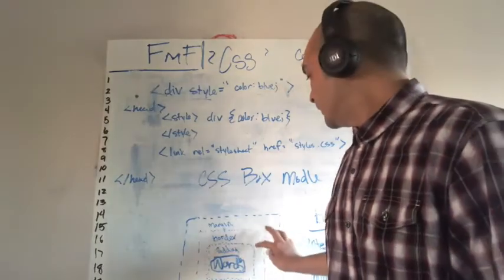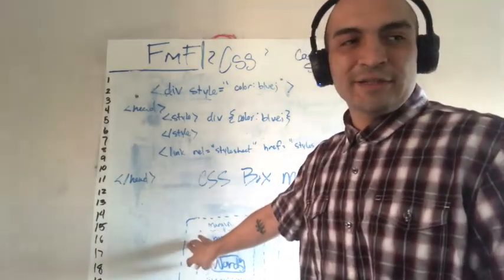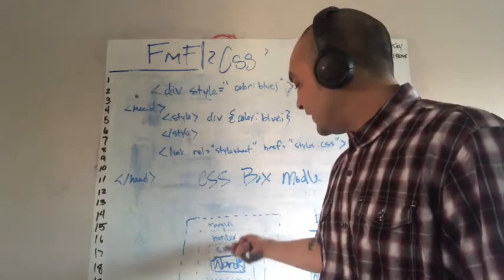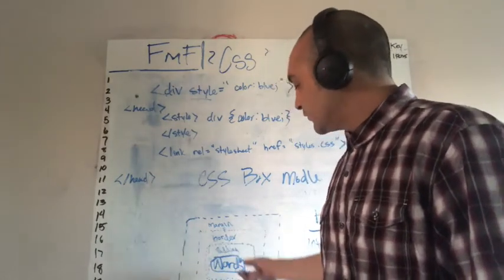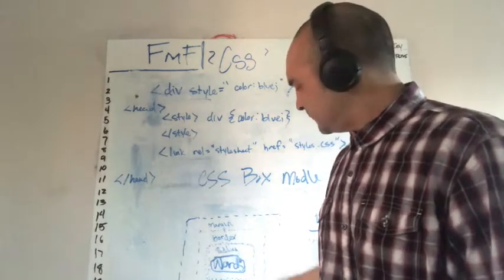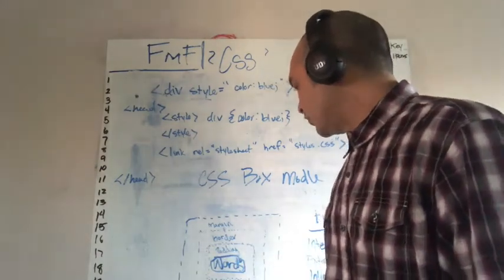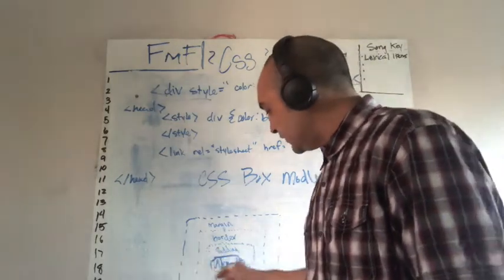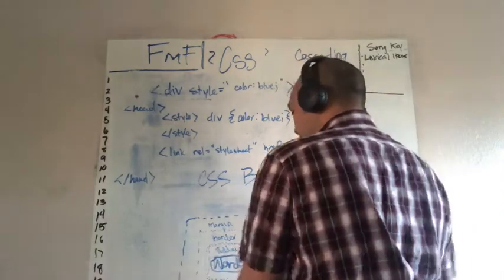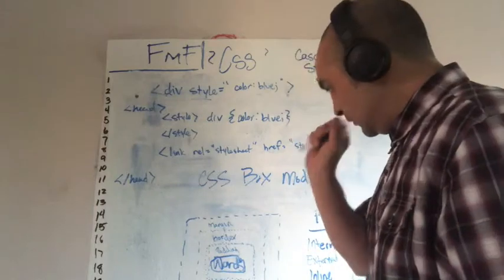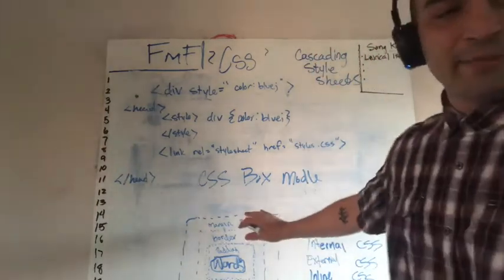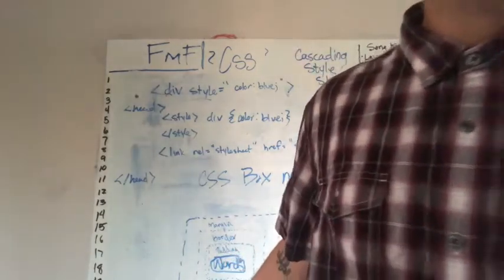The margin goes all the way to the margin of the page. Your border goes around the element, and the padding is between the border and the word. So if you need padding inside of the items or even the border, if you have multiple buttons, the padding is going to adjust how far they are from each other. But yeah, that's something to remember. That's called the box model.